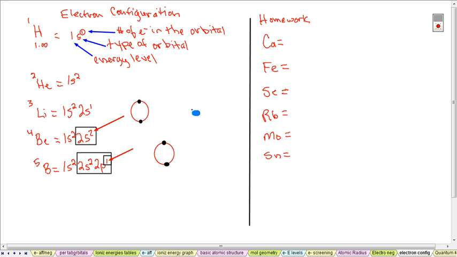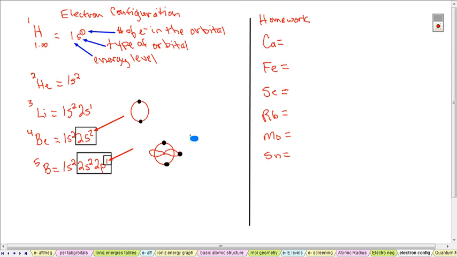So beryllium, boron's electron configuration, we have the 2s2 electrons, and then we start to get into these p electrons. So we have one electron, excuse my poor drawing abilities, in a p orbital.